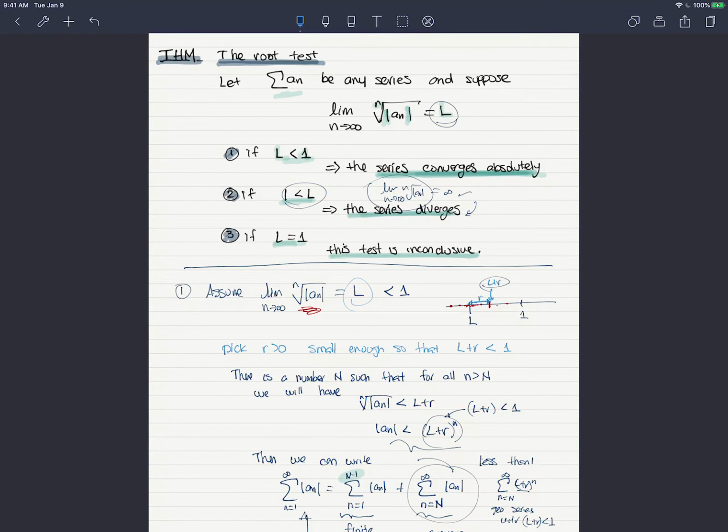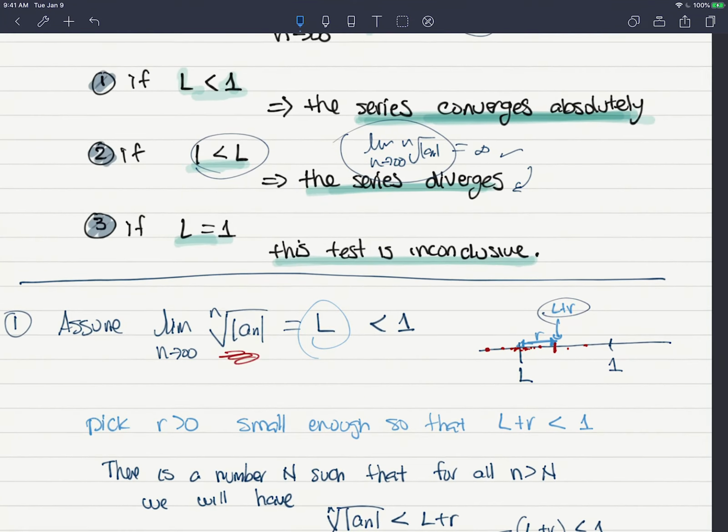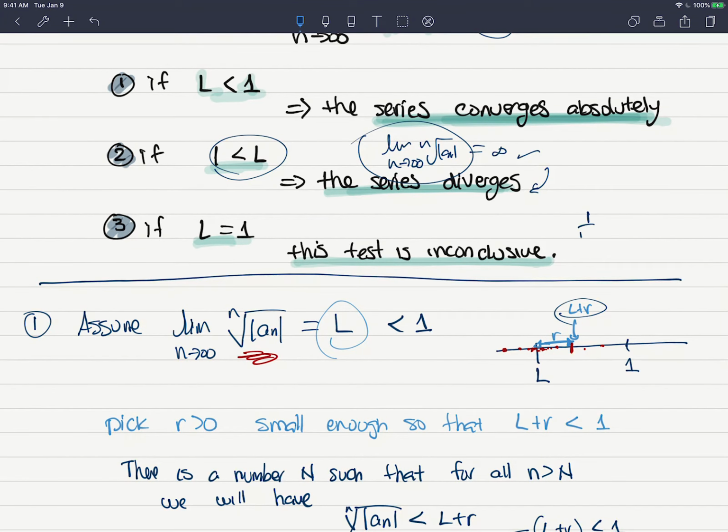Part 2 is similar, and for part 3, the typical example is to look at these two series. This one diverges, while this one converges. And if you use the root test on both of them, they give you 1, and one of them converges and one diverges.